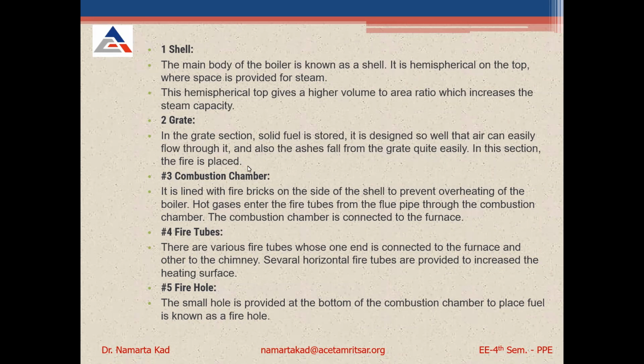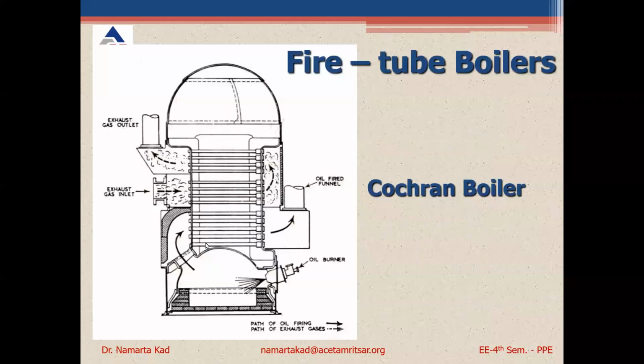In this section, the fire is placed. See here there are different rods, and through them air is blown from downwards over this, so that the fire will take place easily, and the ash is collected downwards in the ash pit.